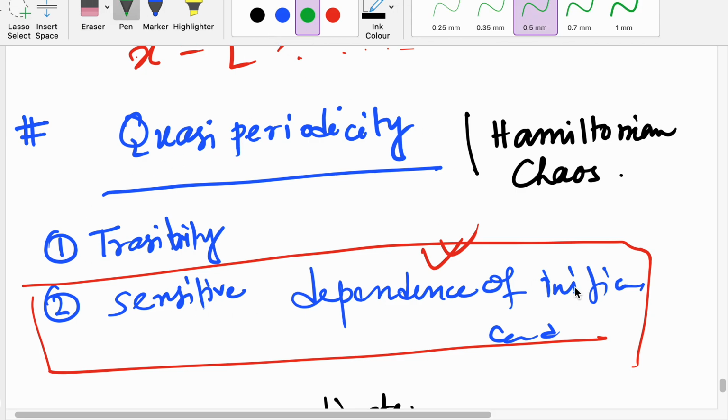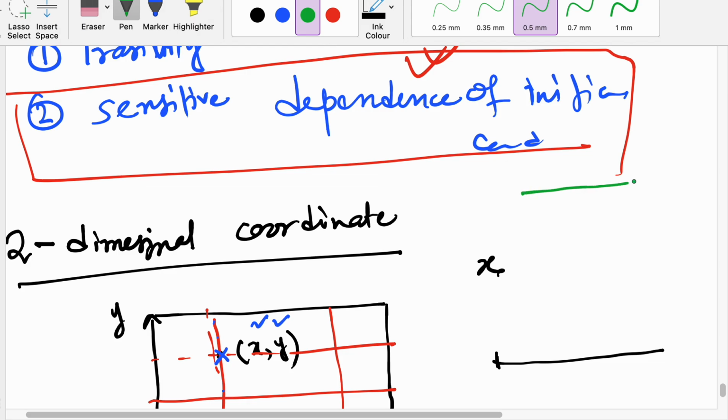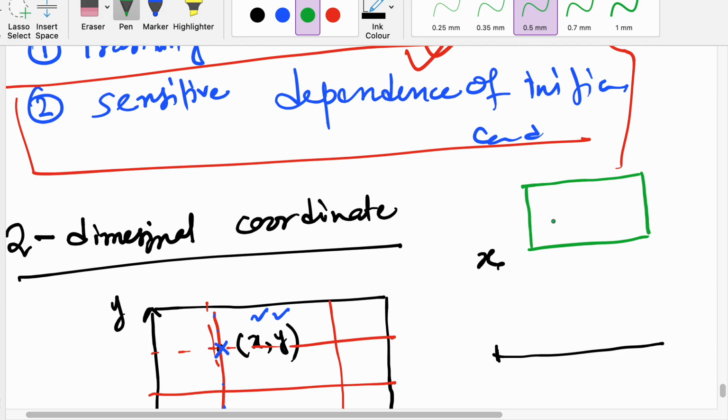So transitivity means, suppose 2D, if I give the system infinite time to evolve, then transitivity says that if you choose any open subset of this interval, you will get some point of the orbit inside this region.